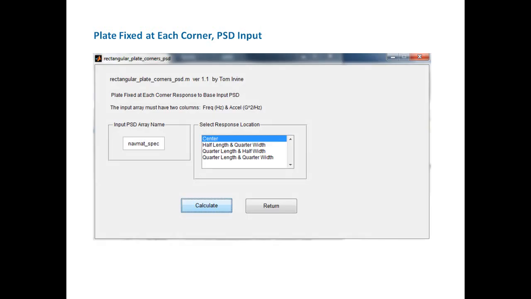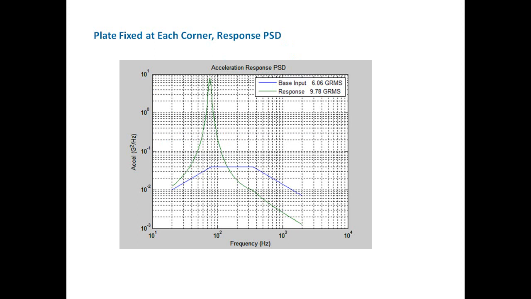And then we applied the NavMat base input to our plate fixed at each corner and took a look at the response at the center. For the NavMat input, if we take the square root of the area under the response curve, that equals 9.78 GRMS for that response.